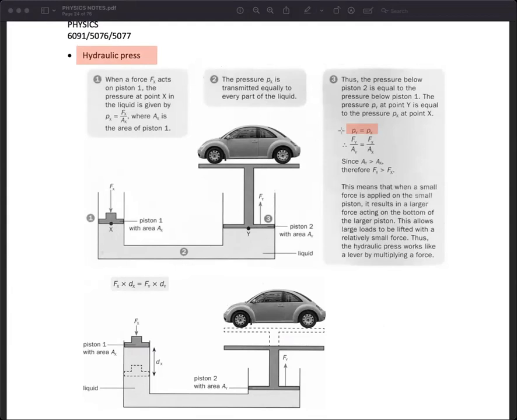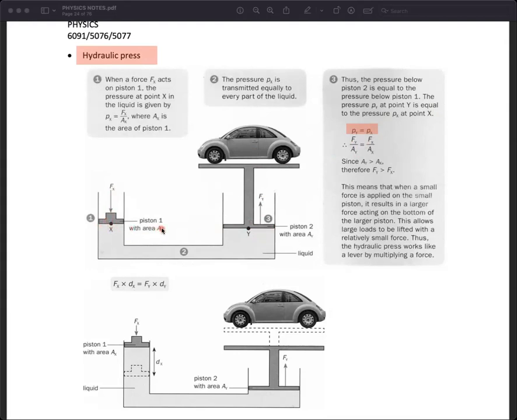Because pressure at Y is equal to the pressure at X here, I expand the formula. I'll have force Y, the force going up, over AY, which is the area of this piston, equal to the force going down over the area X here.